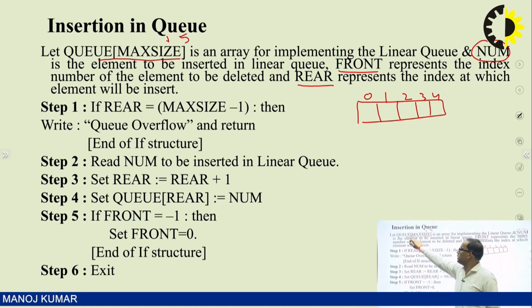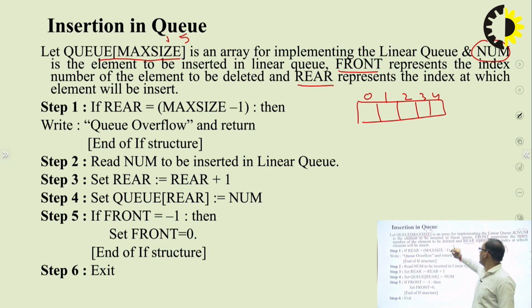For example, we have initialized an integer type array queue that can contain a maximum of 5 elements. We declare an integer type variable num which represents the value to be inserted in the queue, an integer type variable front which represents the end of the queue from which the element will be deleted, and rear which represents the end at which the insertion will be performed.